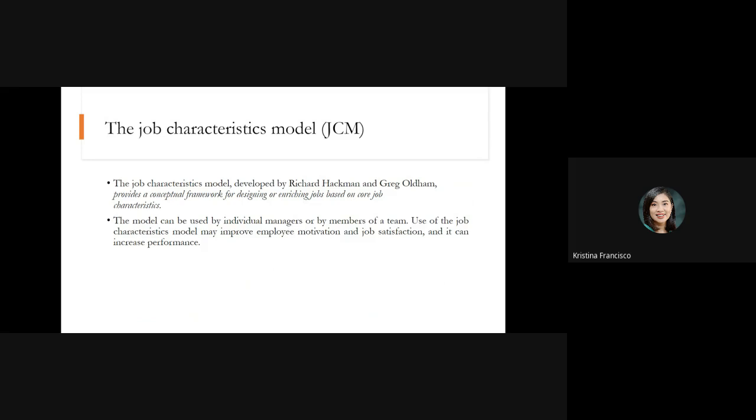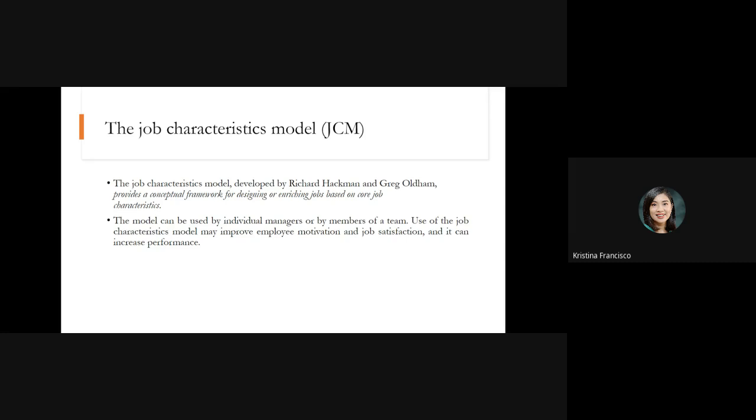So what is this model all about? Okay, so the model can be used by individual managers or by members of a team, and this use of the job characteristics model may improve employee motivation and job satisfaction, and it can increase performance.